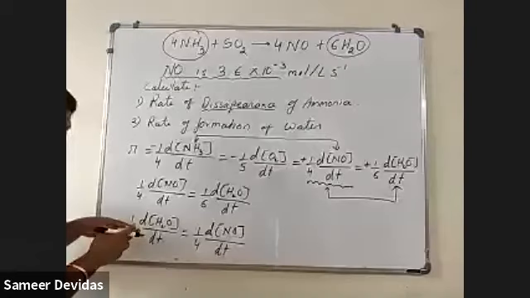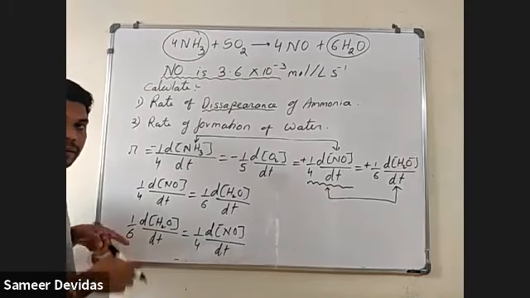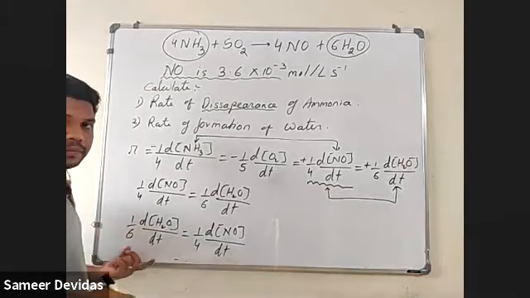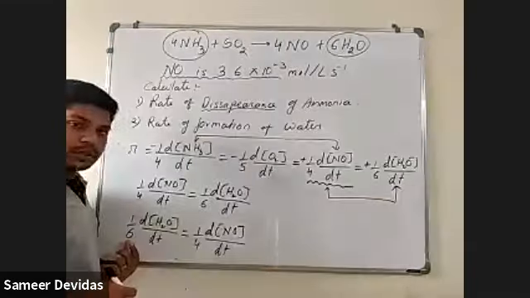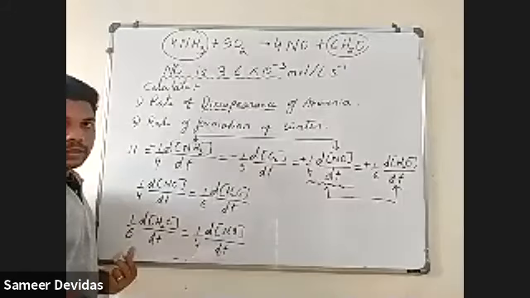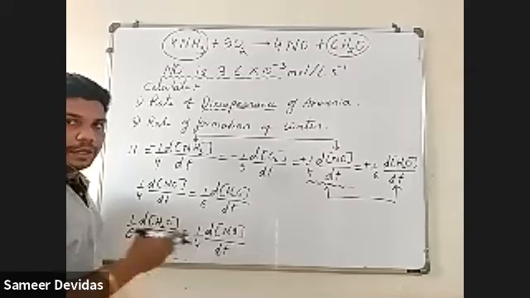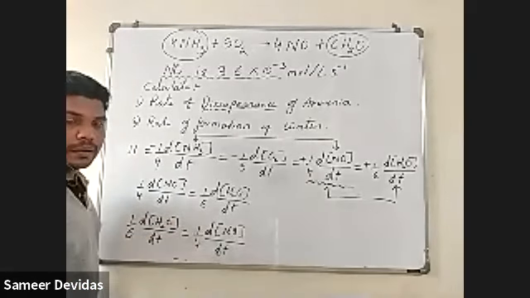Now again the same thing here. We want the rate of formation of water, that means this much we want. So what is extra here? 1 upon 6. So 1 upon 6 goes to the other side. Where will it go, denominator or numerator?